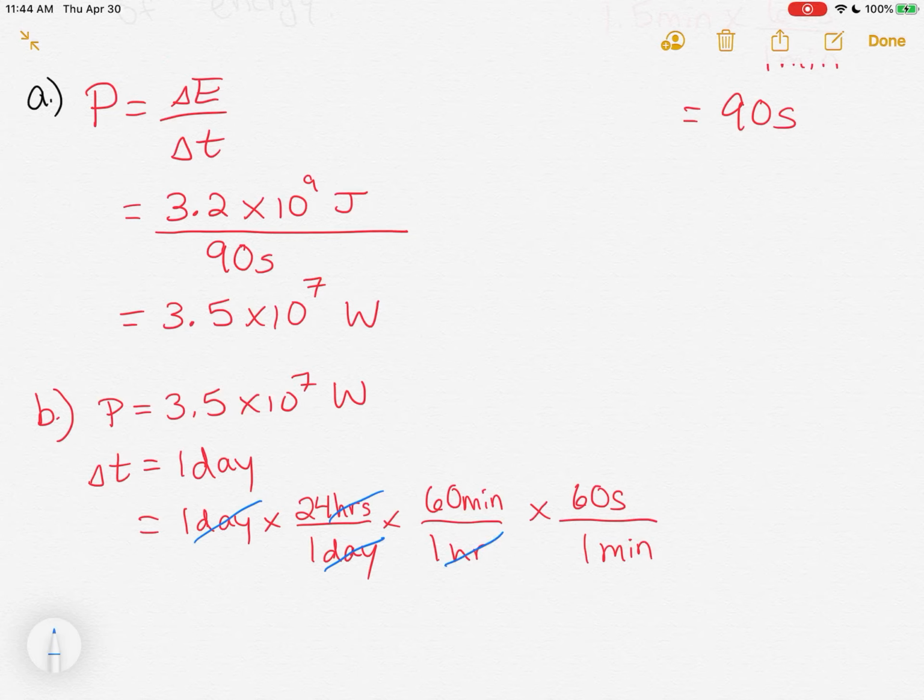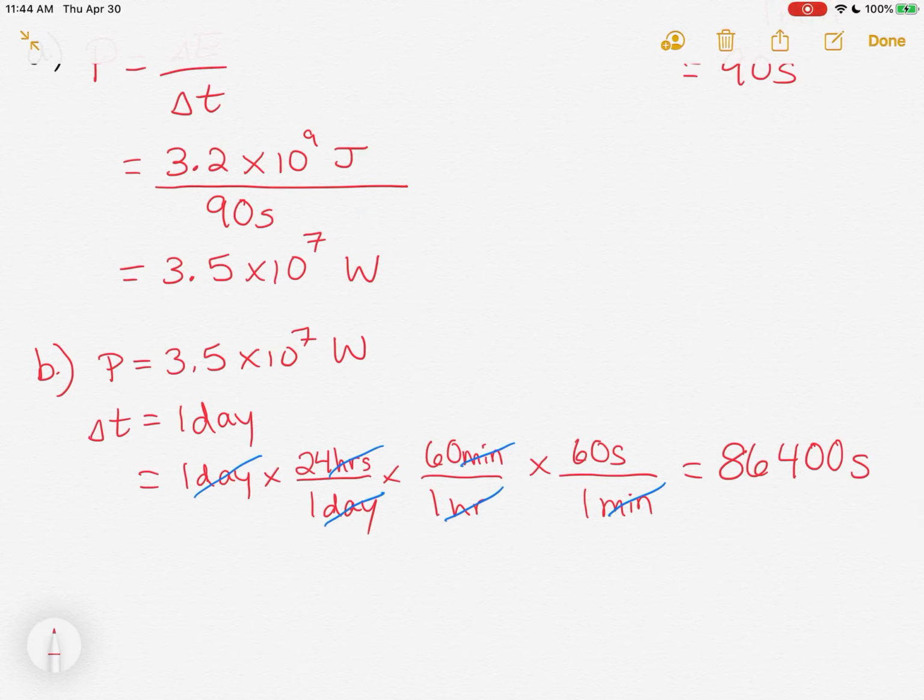We can get rid of the days, the hours, and the minutes, and we're left with, once we do the math here, 86,400 seconds.